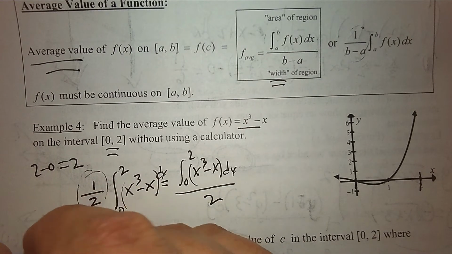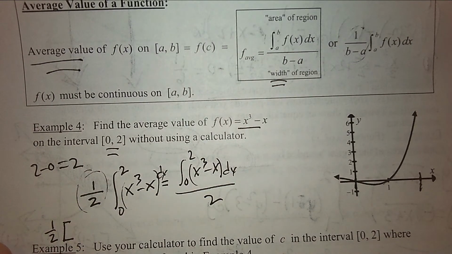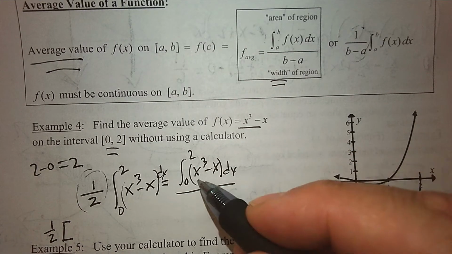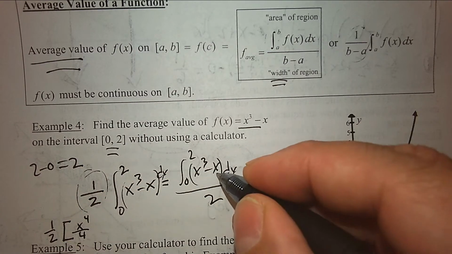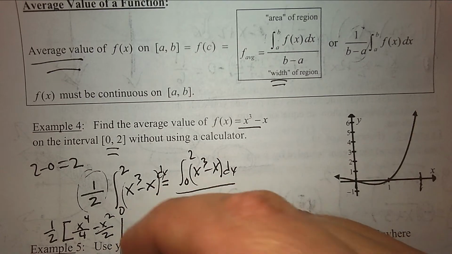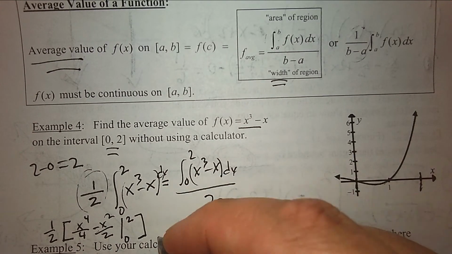So with the 1/2 in front, I'm going to use brackets or parentheses. Could you integrate x cubed minus x? So add 1 to the exponent. It's x to the 4th divided by 4. This becomes minus x squared divided by 2. And we're integrating from 0 to 2. And then close it. So keep going.